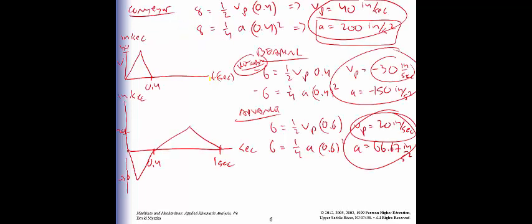So delta t is equal to the square root of 4 delta r divided by the acceleration. And so we have to go back to what is the delta r for that 200 inch per second. That delta r was an 8.